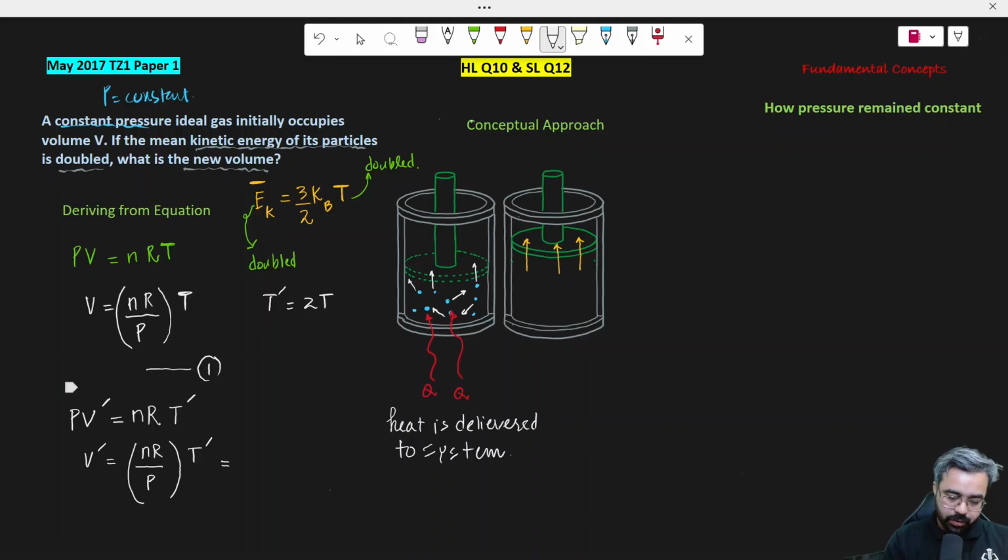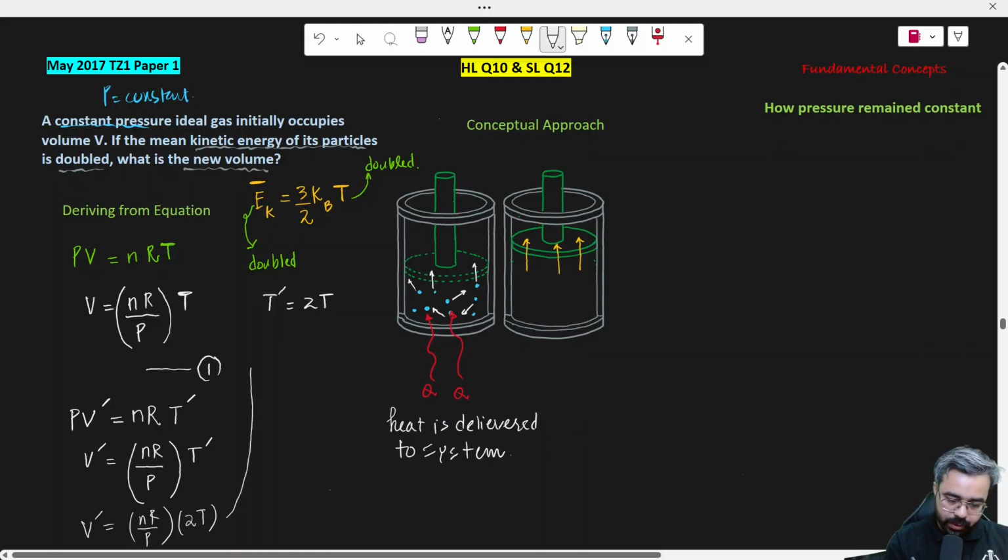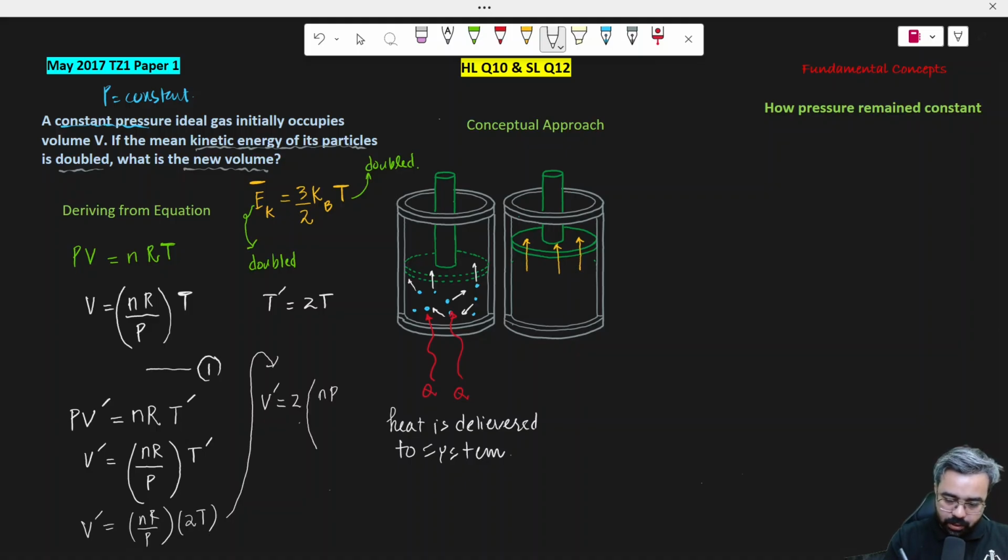So if we substitute the value, it will be nR over P into 2T, right? You can write it as 2 times nRT over P, which is the original volume before doubling the kinetic energy. So V' = 2V. That is the right answer of this question.